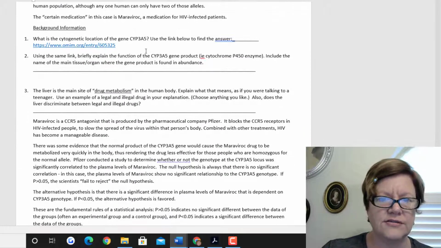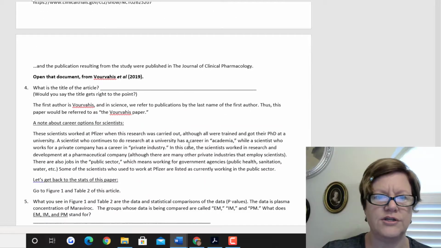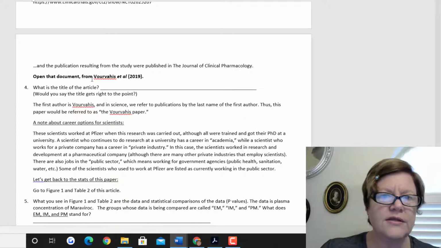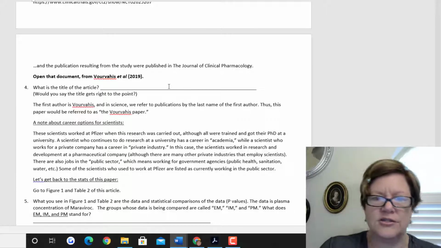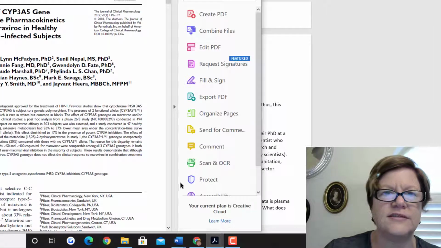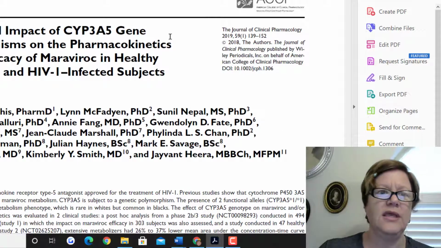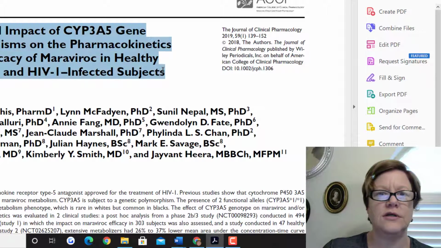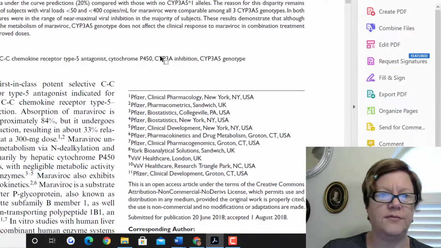I give you some links to go to, and I give you enough background for you to be able to answer these questions. The paper is, I think it's Vorvehis. I'm not sure how to pronounce it, but I'm calling it Vorvehis 2019. And here's the paper. You can read the title, and after you've read the background information that I gave you, I think you'll be able to figure that out.